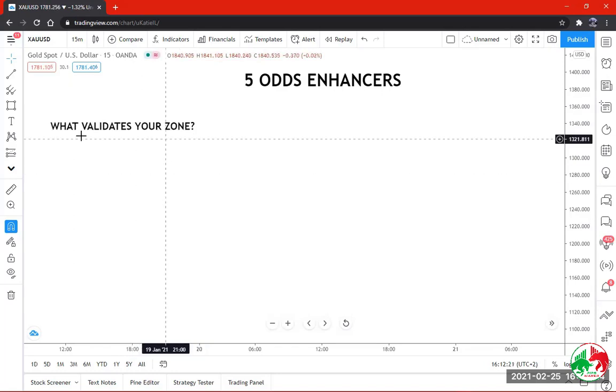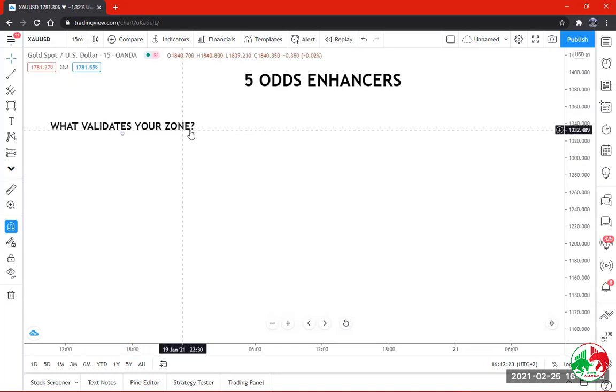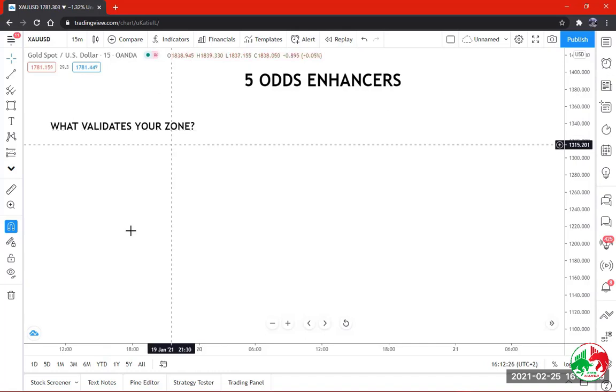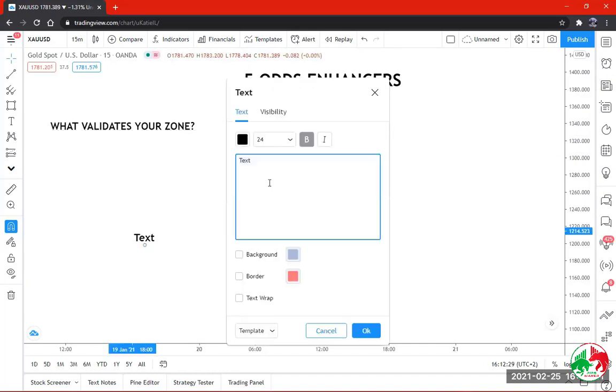Okay, so basically what validates our zone? The first one is alignment. Okay, I forgot to mention one thing.